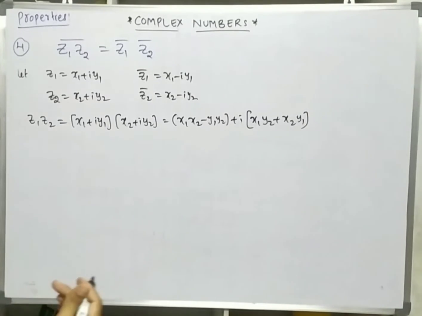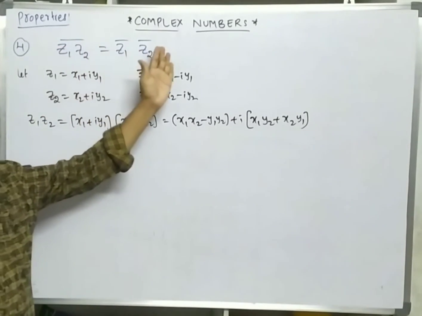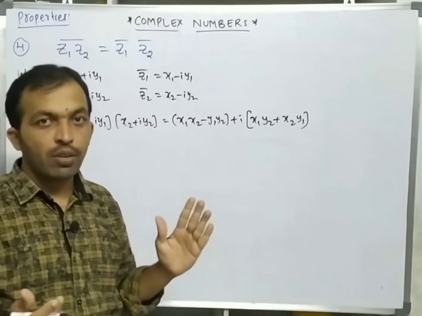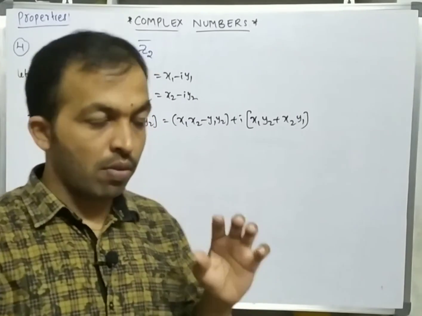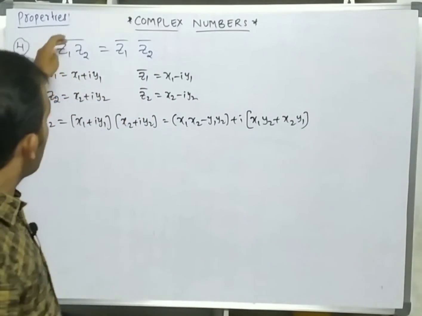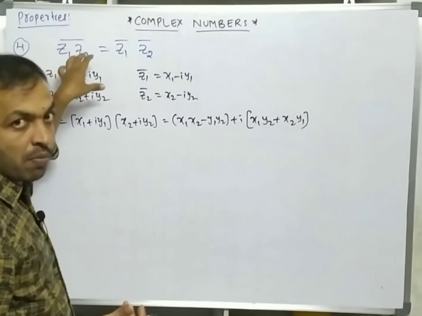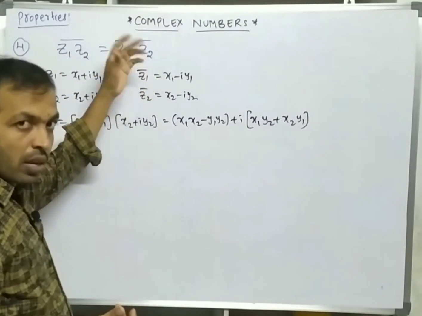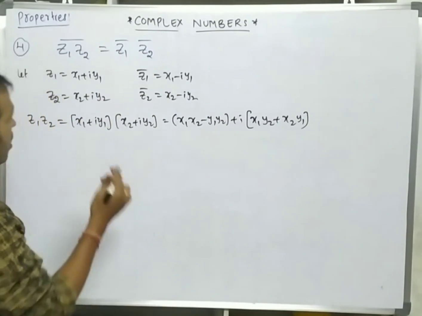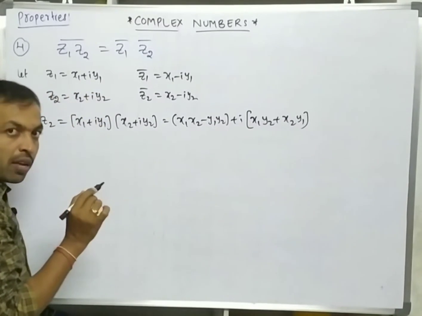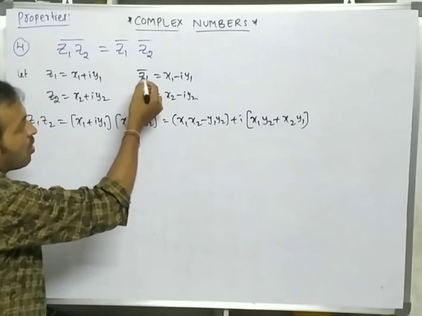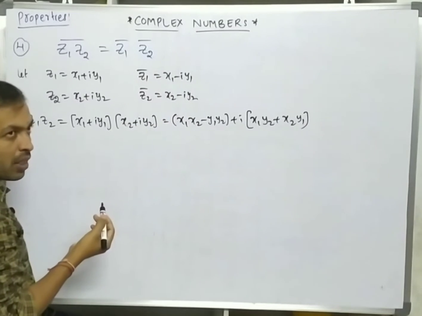Now next, fourth one: conjugate of z1 z2 is equal to z1 bar into z2 bar. Conjugate of the product of two complex numbers is equal to the product of their conjugates. So let z1 is equal to x1 plus iy1. Next, z1 bar is the conjugate of z1, which is x1 minus iy1.